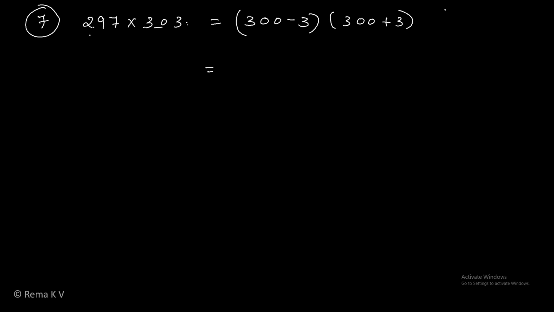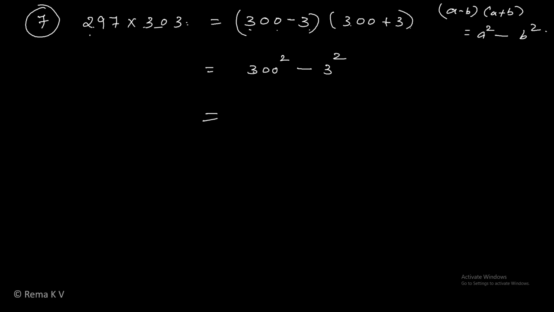Third one. Third one means it is a minus b into a plus b equals a square minus b square. That is here a minus b into a plus b, so it is a square minus b square.